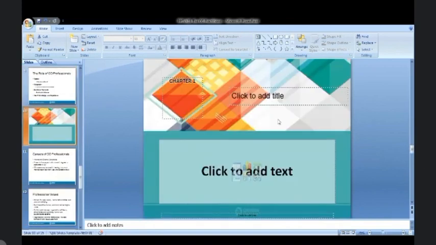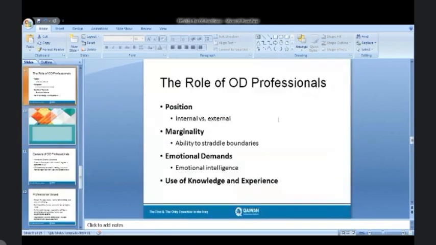Next is the role of OD practitioners; they may work as internal or external. Marginality is the ability to work in two or more groups. Emotional demands call for emotional intelligence.